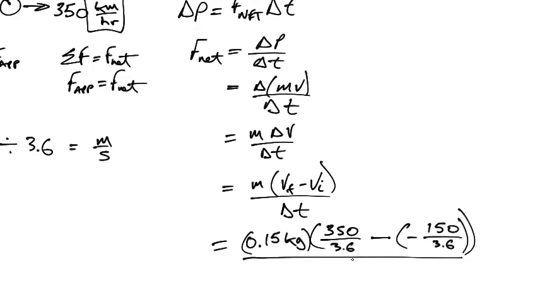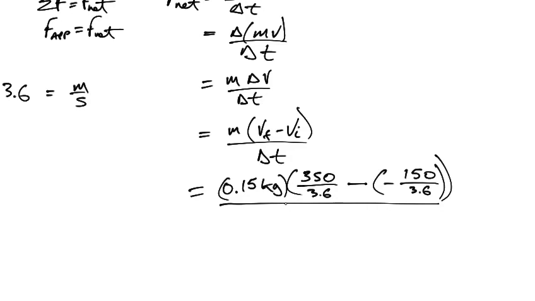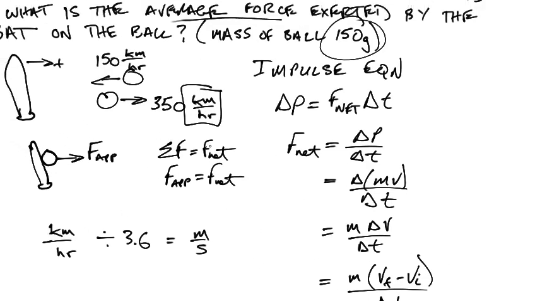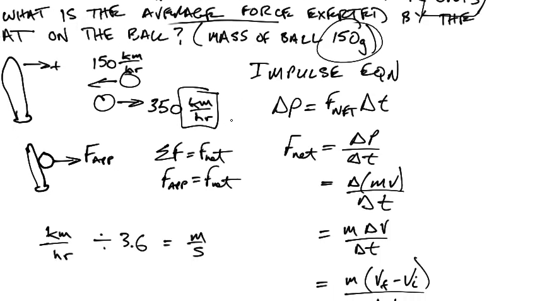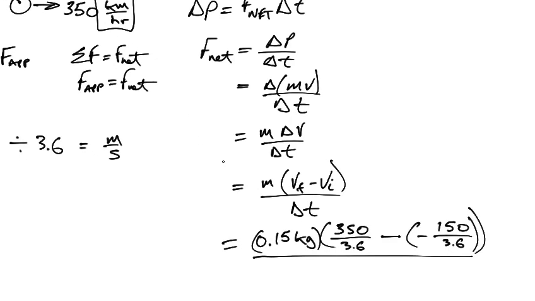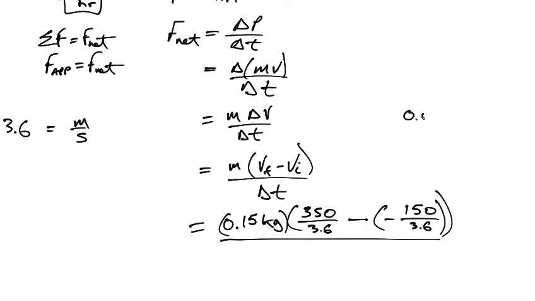And then we divide that by delta t, which is, I believe that was given in the problem right here, 0.01 seconds. Now, by the way, 0.01 seconds is 1/100th of a second, but it's also 1 times 10 to the power of negative 2. It's also 10 times 10 to the power of negative 3 seconds.